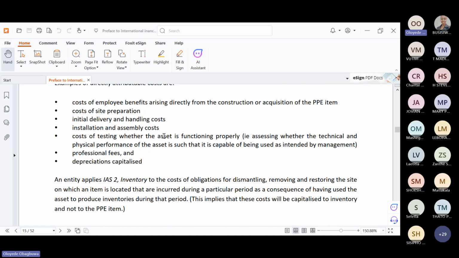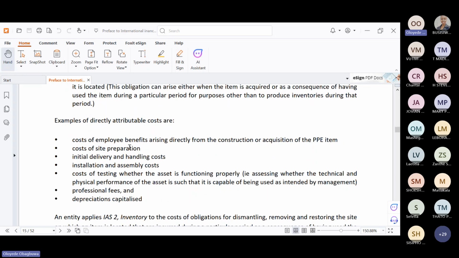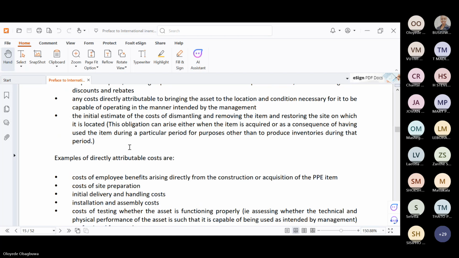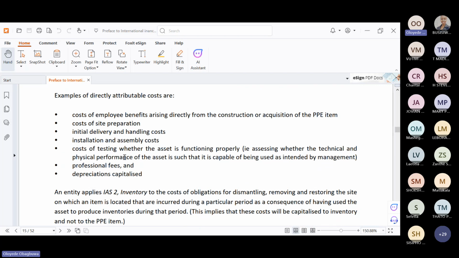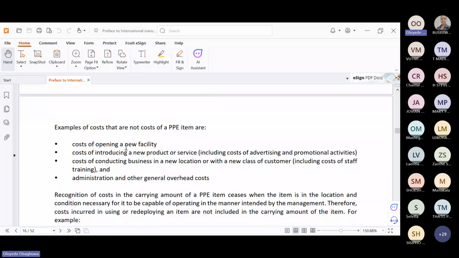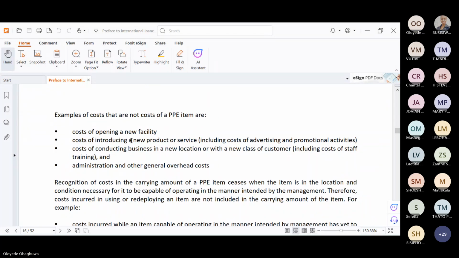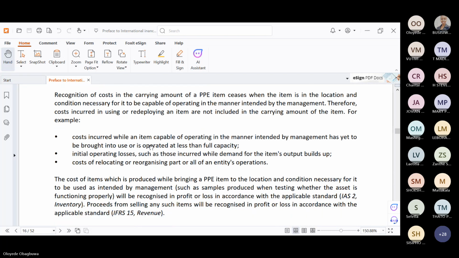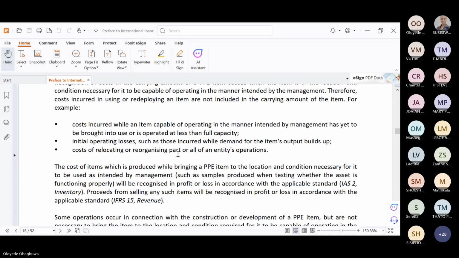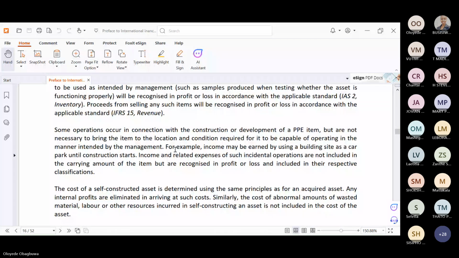Examples of direct costs include cost of employee benefits, initial delivery and handling, installation and assembly, and cost of testing whether the asset is performing properly.